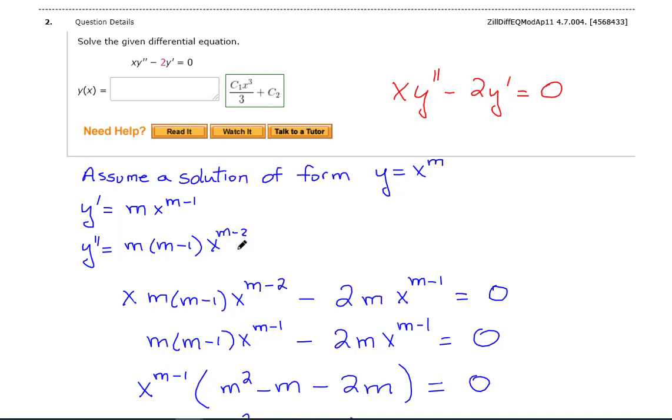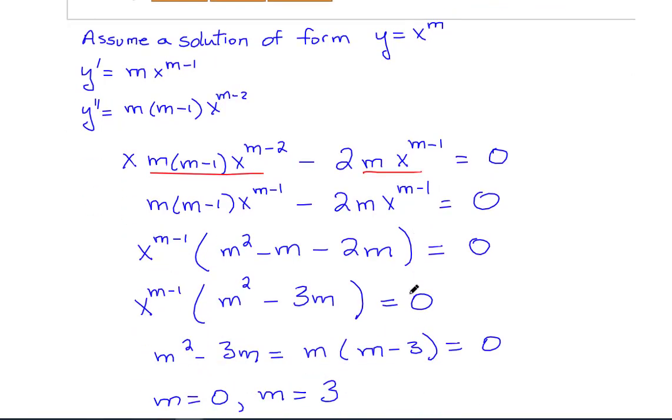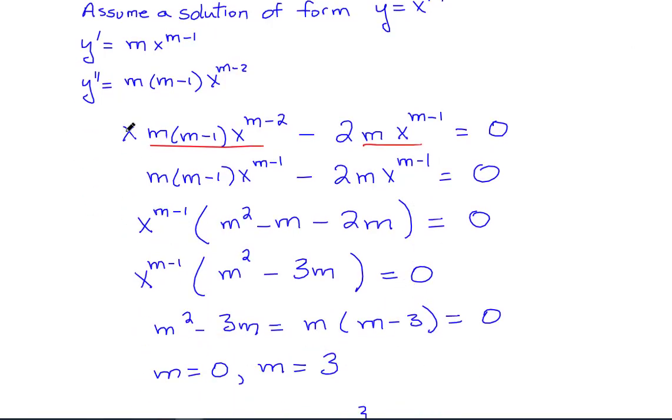Alright, so now let's fill all this into our problem. Here's the x in the front. Here's all of the terms for y double prime. So all of that's y double prime, minus 2, and all of these terms are for y prime. If I combine this x with this x to the m minus 2, the exponent here is 1.